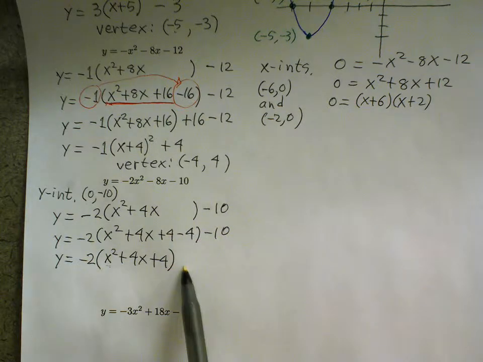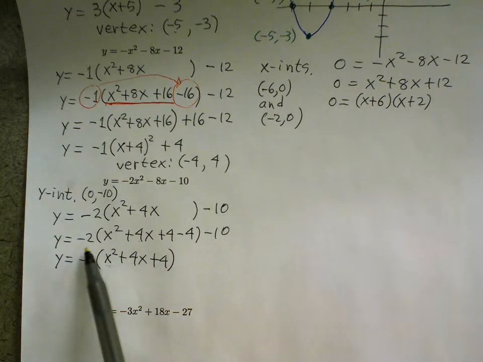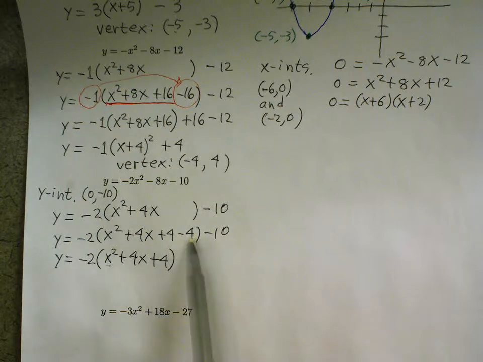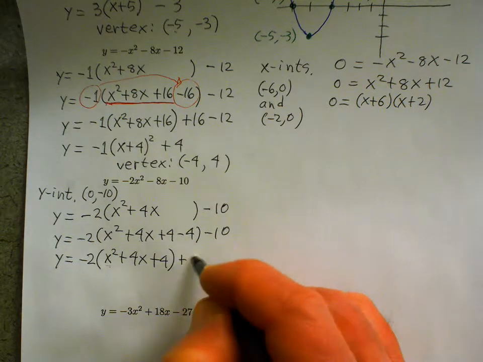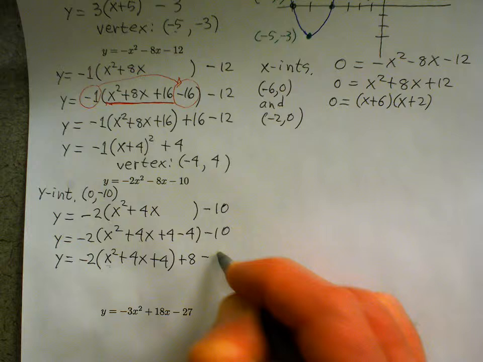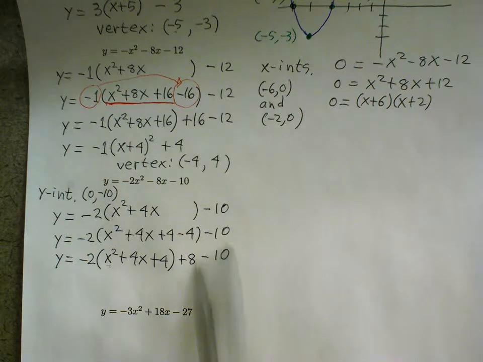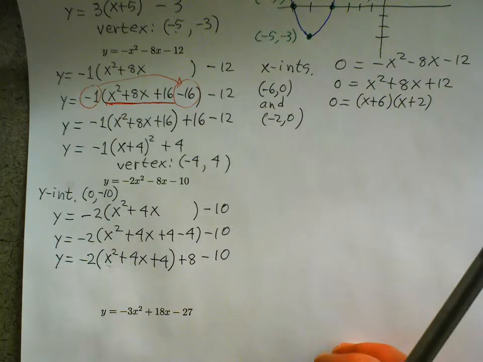And then outside of the parentheses, we're going to write what -2 times -4 is, which is +8, together with the -10 that's already on the outside. And then in the fourth step, we'll have the vertex form.